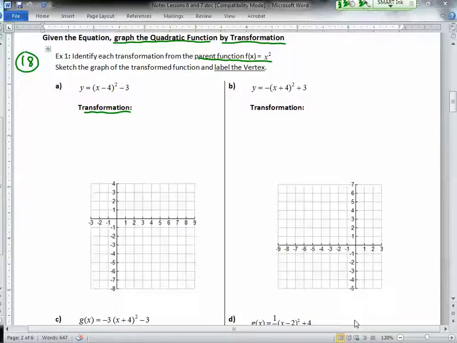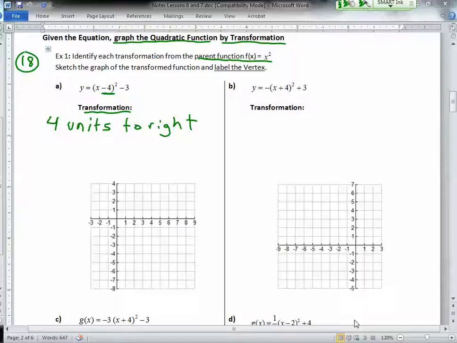Looking at this problem right here, I'm going to start with the transformations to my vertex. My vertex here is going to shift 4 units to the left. Oh, sorry, to the right. Remember that horizontal shift right here is the opposite of what you expect.